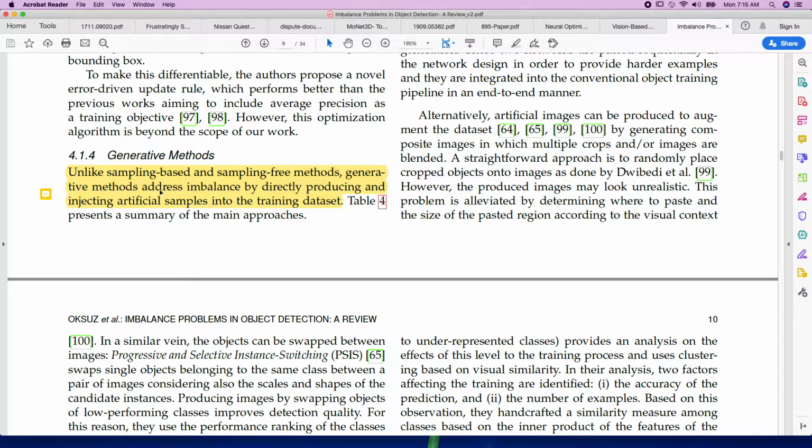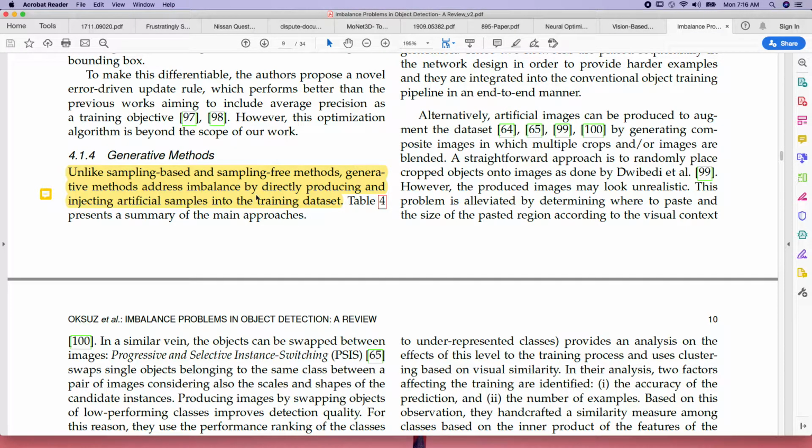Another way of overcoming the class imbalance problem, instead of using the sampling-based and sampling-free methods, is the generative methods.